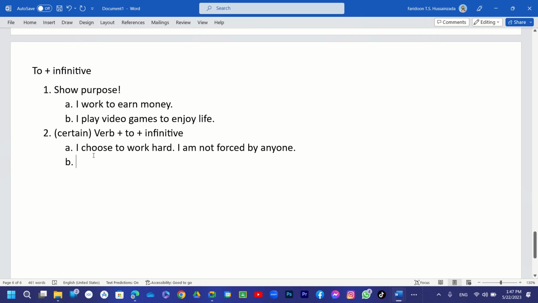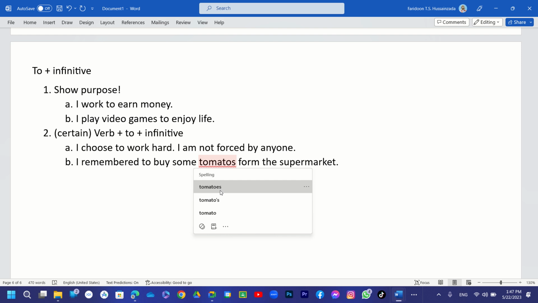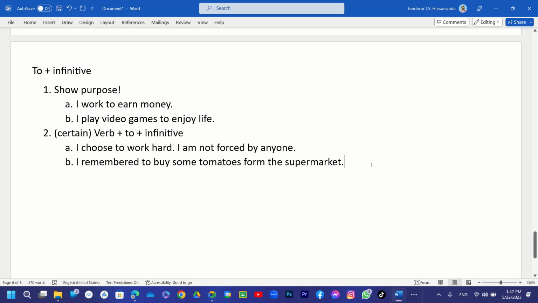Choose is that certain verb, and after it you have to use to plus infinitive. And one more: I remembered to buy some tomatoes from the supermarket. Okay, let's correct this. Yeah, so this is use number 2.